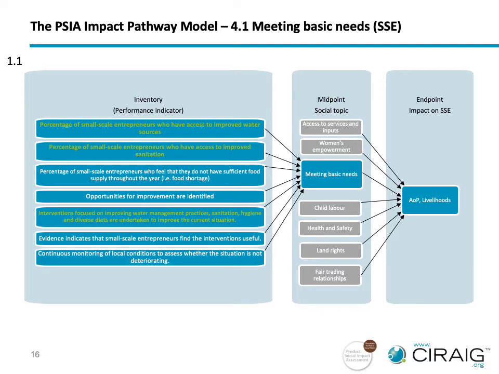Midpoints can be associated with outputs, while area of protection endpoints is concerned with outcomes and impact. This exercise already makes it possible to glimpse the variable or proxies, if needed, that could be selected to align with the performance indicator and contribute to the social impact of the organization.